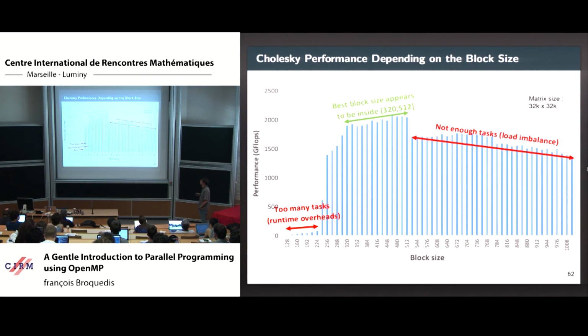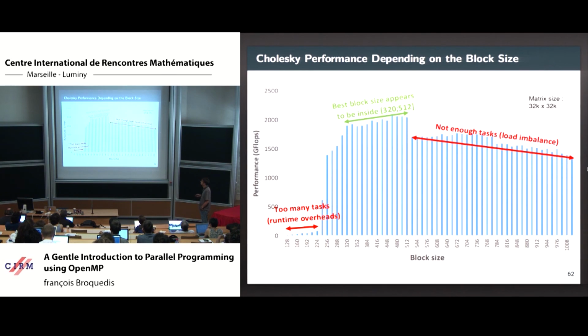If you have very small tiles, you will have too many tasks, and you will swarm the runtime system with tasks, basically. And if you have too big tasks, you end up with some load imbalance problem because you can't even the load on the machine. You don't have enough work to do that.